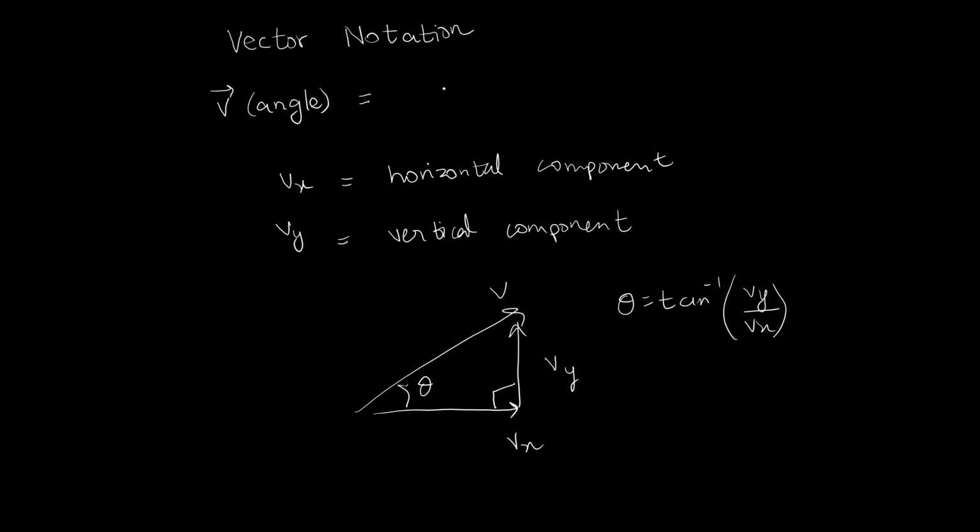So this is the formula. And also you know that the values would just be the x component and the y component, so we can just replace them with y over x.